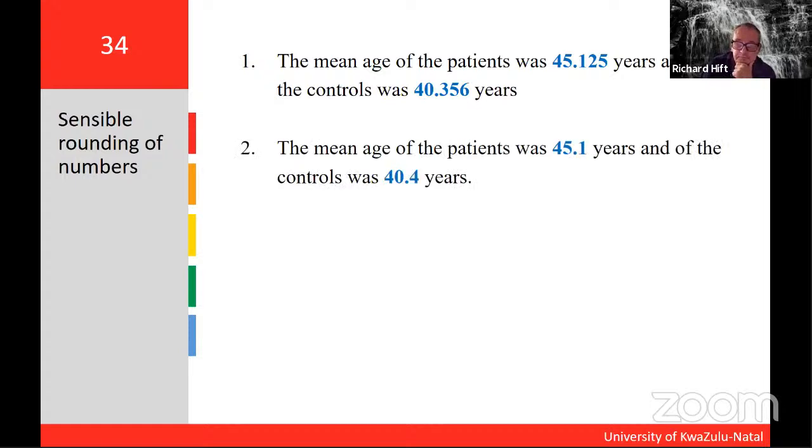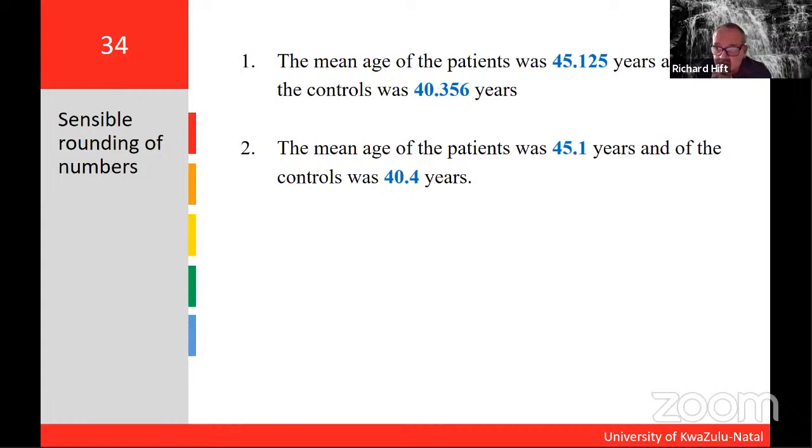The rule is simple. Firstly, you must not claim a precision that was not really possible. If you say 45.125, you're actually suggesting that you could tell the difference between a patient aged 45.125 years and 45.126 years. That's a false precision.